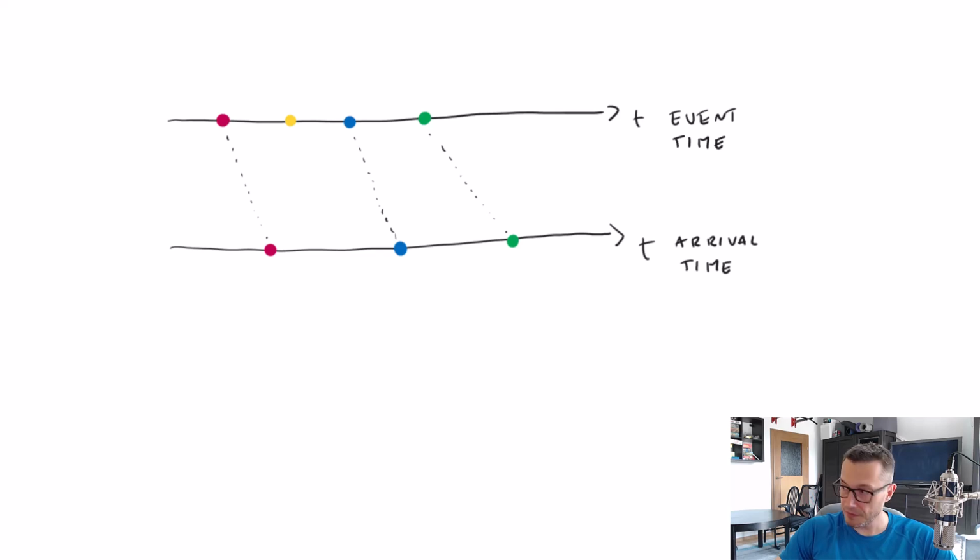However, let's say that the yellow one got some issues down the road. It was bouncing quite a lot through the internet until it finally arrived to Azure. So in its case, the difference between those two times is quite big.